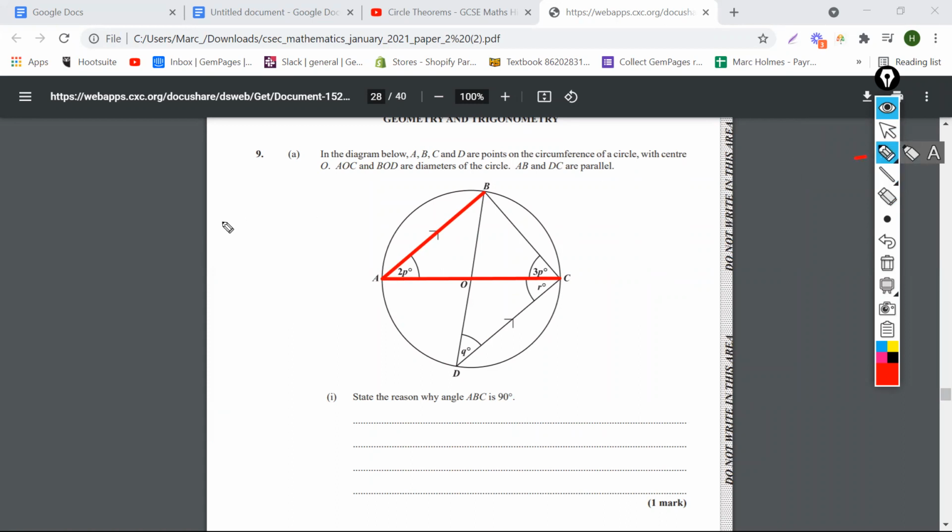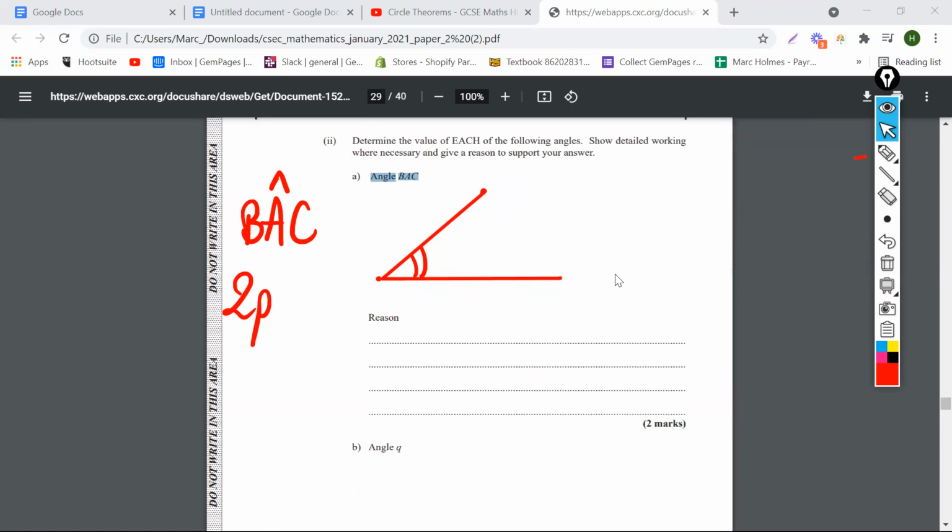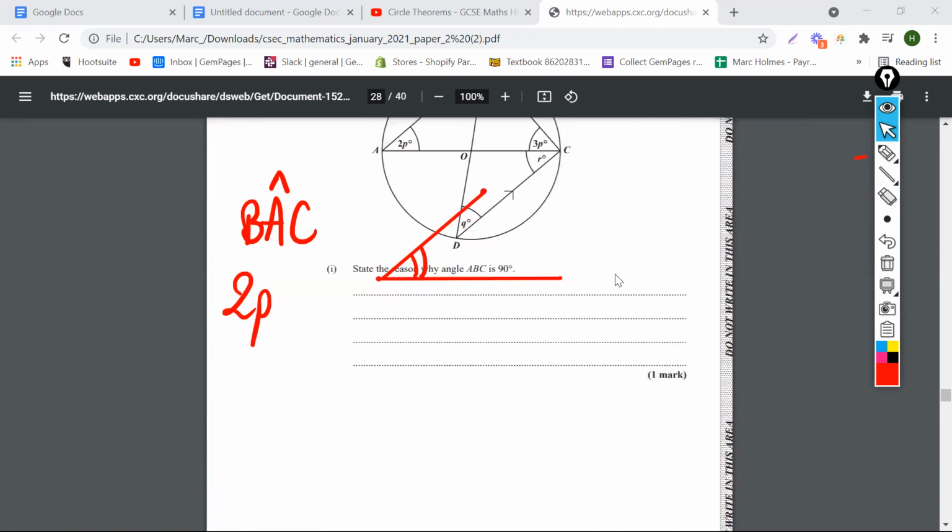Let me just write that over here. So guys, anytime they say BAC, they mean B to A to C. So the angle is right here. Cool. So they're asking us to find this angle in here. Make sense? Yeah, they're asking us to find that angle there.